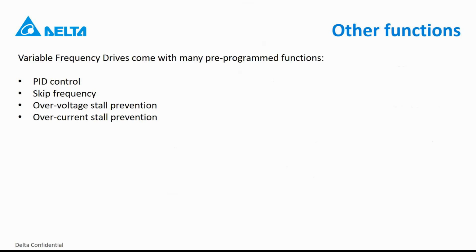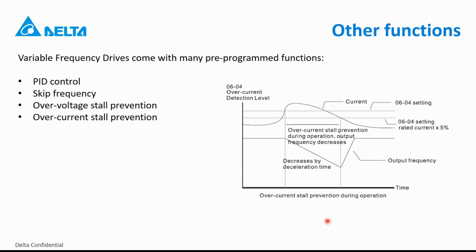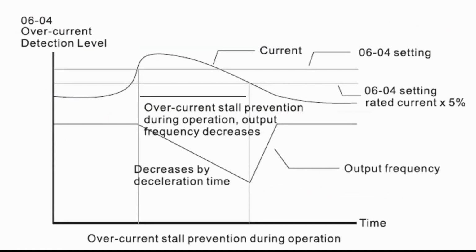Then you have overcurrent stall prevention, which in principle is very similar. This function looks at the output current, and when the output current is above a certain limit, the drive can decrease the output frequency in order to decrease the load on the motor. Now, very important to mention is that this function will only really work in variable torque applications. Variable torque applications are fans and pumps.